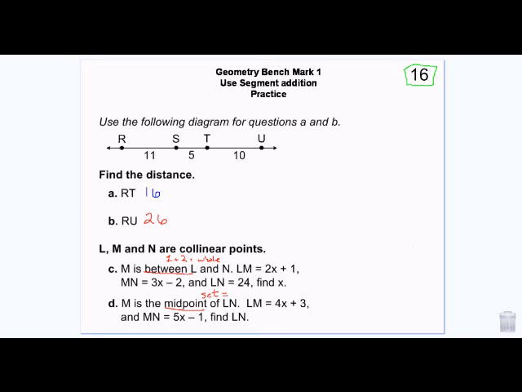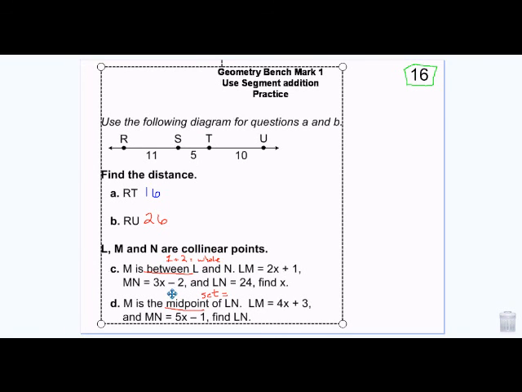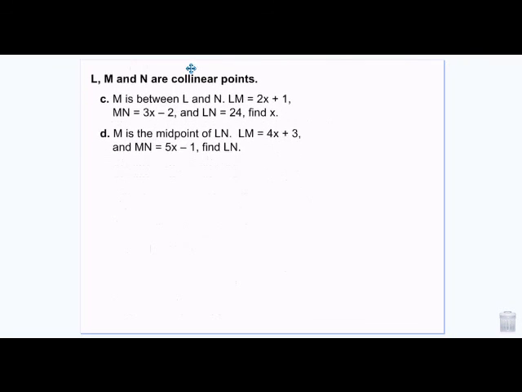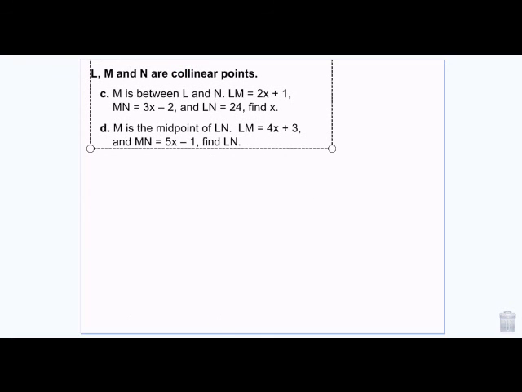All right, so before we do that, we need to draw the pictures. So we have between L and N. So that picture is going to look like this.